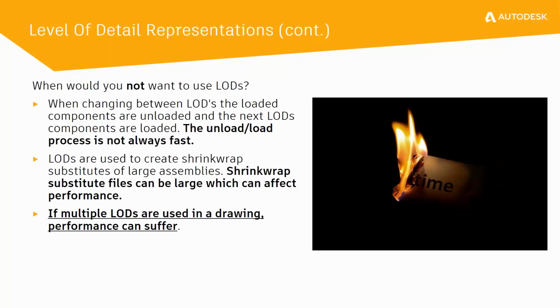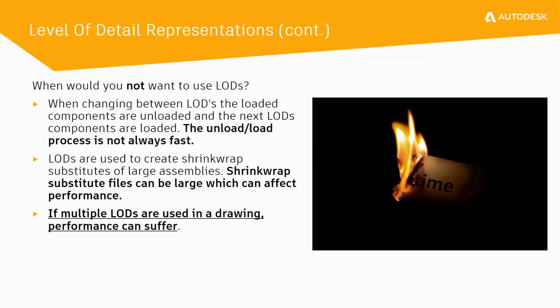Well, the idea of a level of detail is that in switching between level of details, you're actually loading and unloading components or subassemblies from memory. Recognize, though, that because of that load and unload process, there is some time associated with doing it. So if you're working inside of a very large assembly and you're switching, you will have a delay in moving between one level of detail and the other.